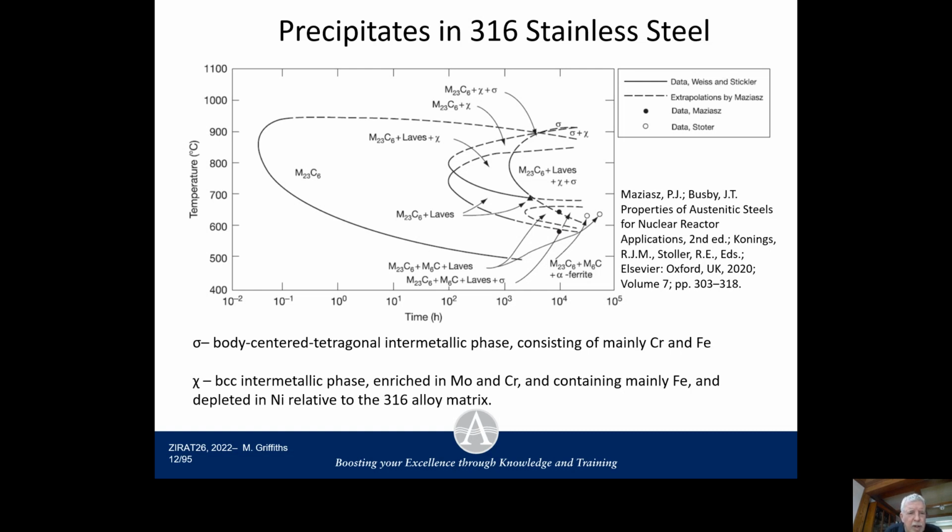So it's a trade-off between having a low enough temperature to form the precipitates and having a high enough temperature to grow the precipitates. And that's why you get this typical snout, as you see here. And I think the main thing to note is that typically at these low temperatures, 500 to 400 degrees Celsius, certainly at reactor operating temperatures, the time it would take to form any precipitates, carbides, typically is very long.